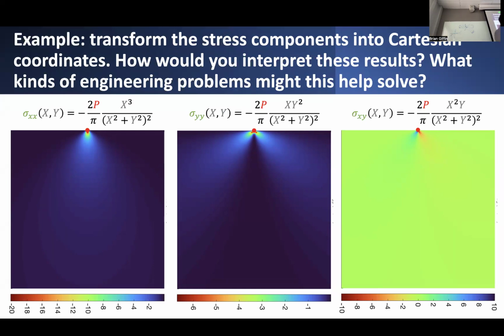So I can plot things like what's the component of xx stress, the stress directly downwards, tangential stress, and shear stress. Now I want to take a moment and ask you, what's kind of distinguishing about these things? What's sort of interesting? What do you take away from these images?